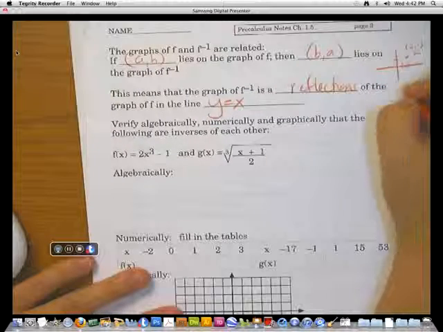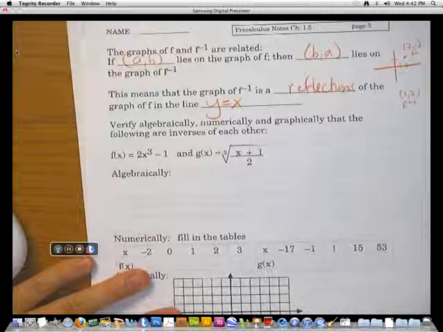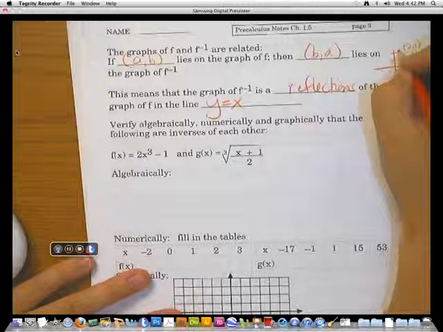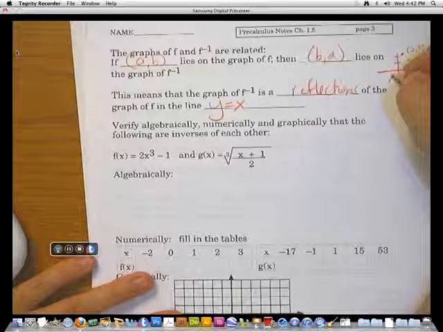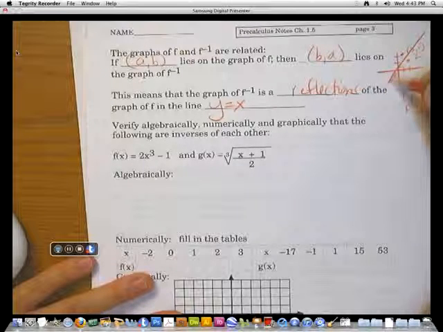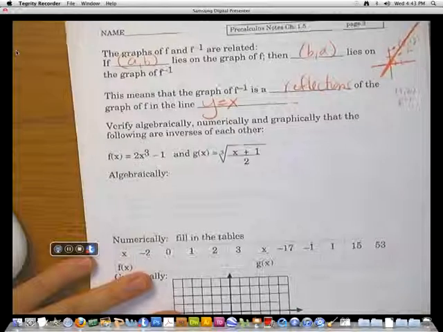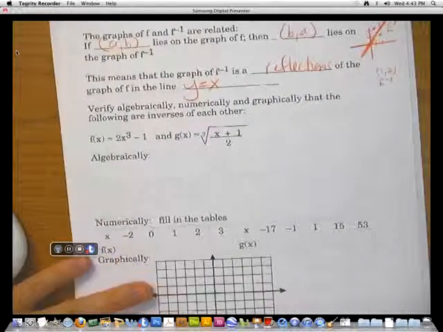Well, then when you flip those, (1, 2) is going to be on the inverse function, and the equation y equals x goes through the origin, (1, 1), (2, 2), and they are going to be mirrors of each other. So that's just a very, very quick showing of that.